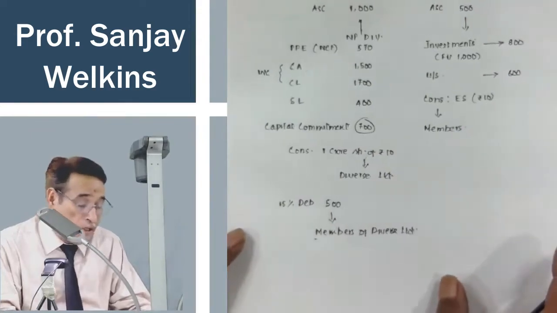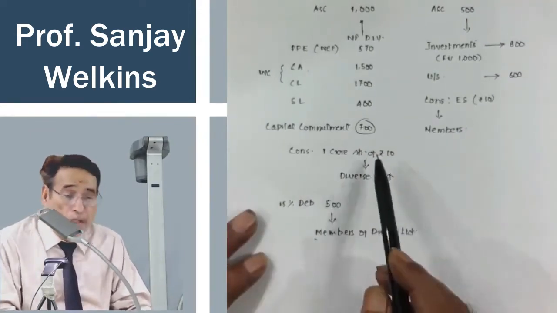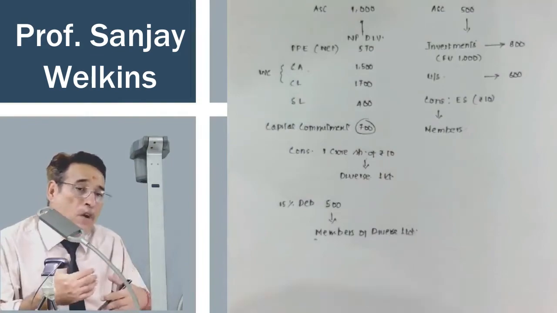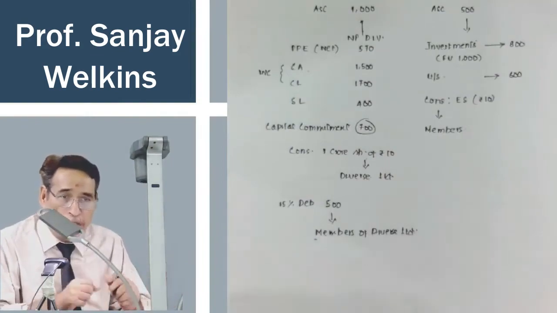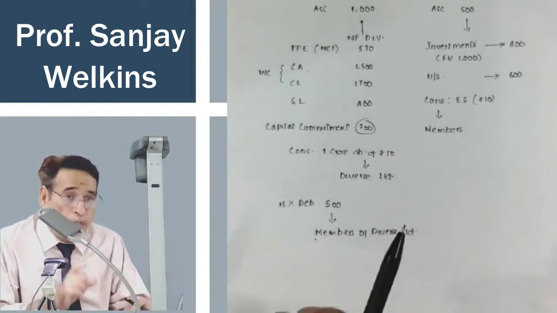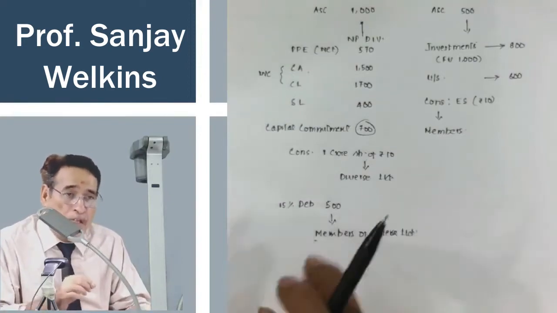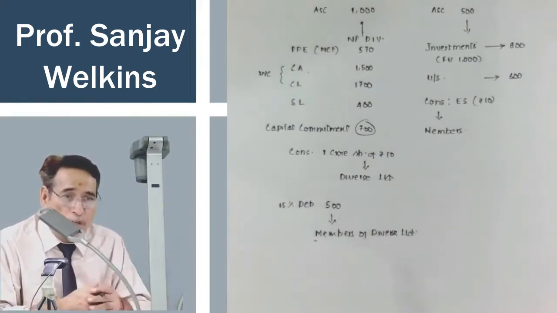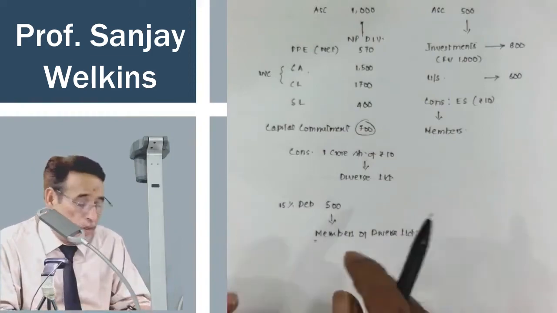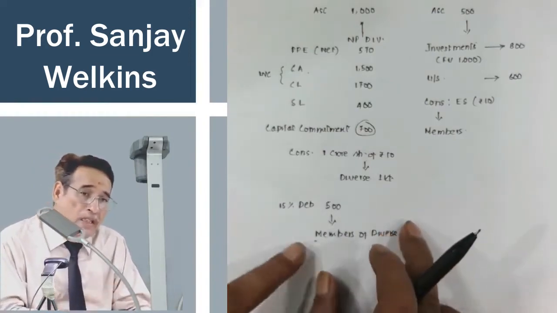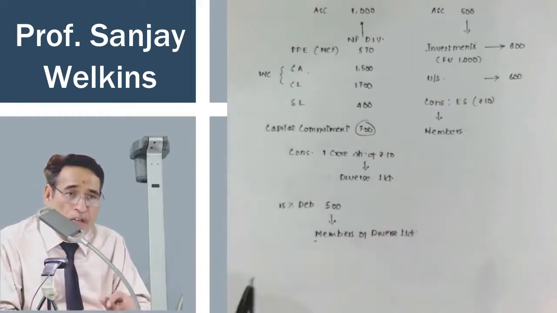Now pay attention here. Because Sunrise Limited is offering these debentures, they are going to receive cash. In the books of Sunrise Limited, we will pass an entry: bank account debit to 15% convertible debenture. Simple entry as we normally do. However, another entry will have to be passed in the books of Diverse Limited.